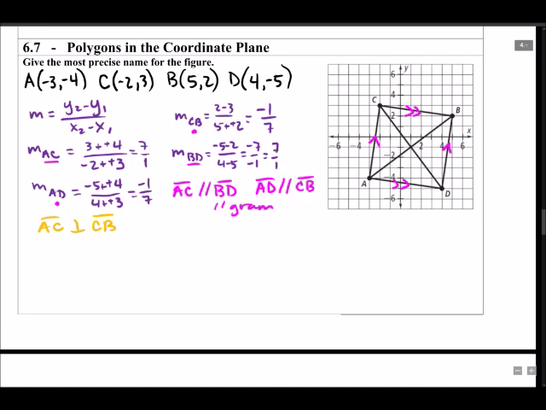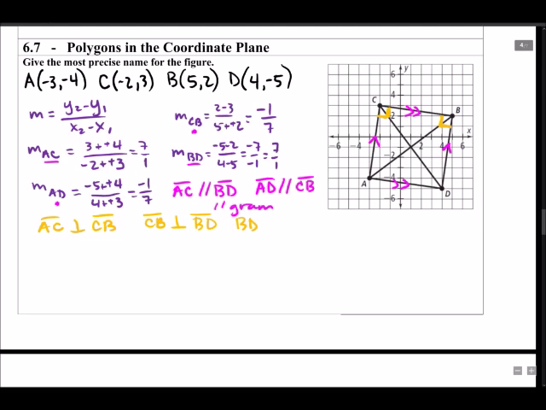So AC is perpendicular to CB, so we've got a right angle there. And CB is perpendicular to BD, so we've got a right angle there.